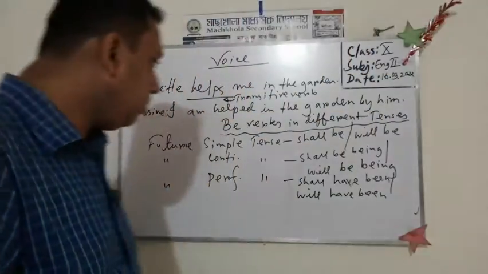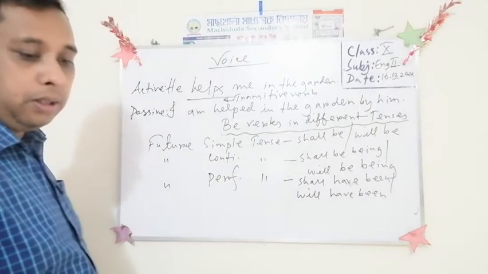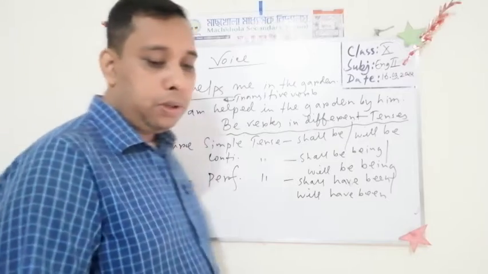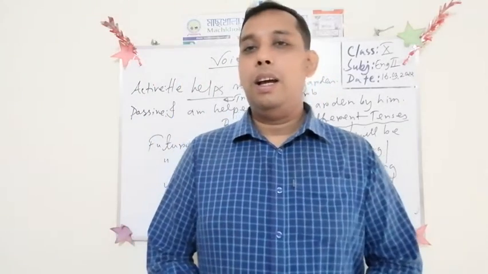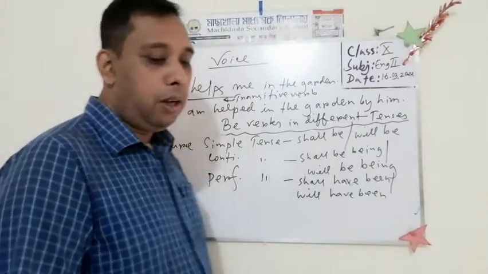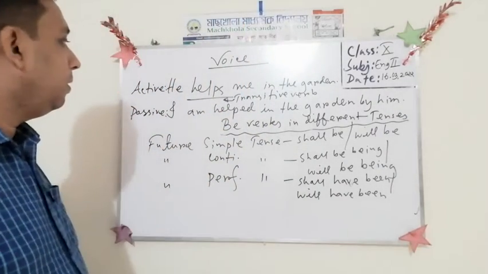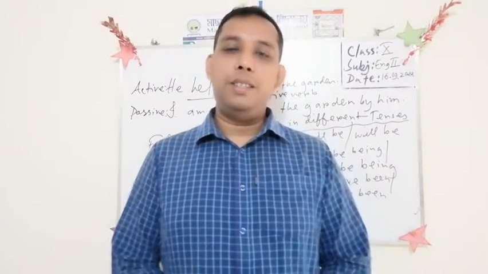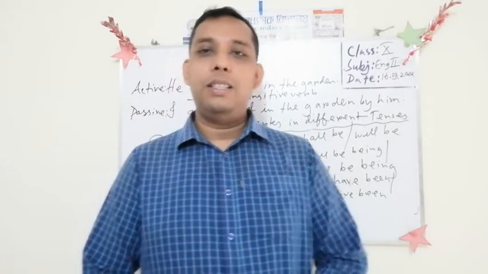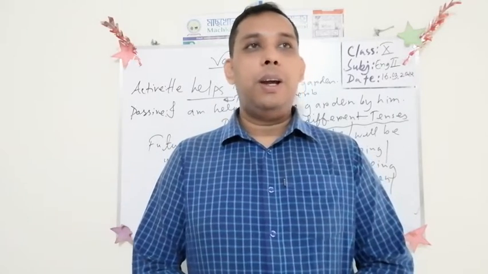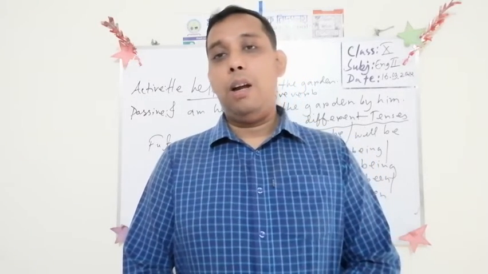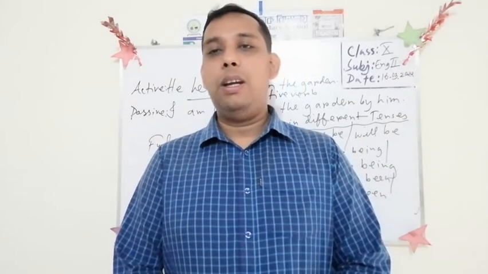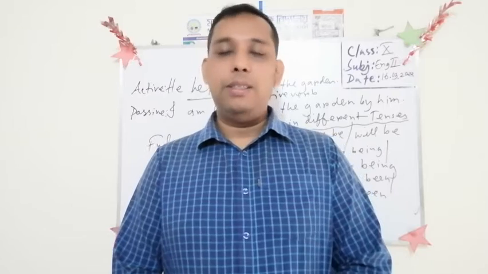Okay, now my dear students, I think you have written it. I will ask you some question. So can you tell me what is a transitive verb? Yes, I would like to remind you. Yes, the verb which takes object after it is called a transitive verb.